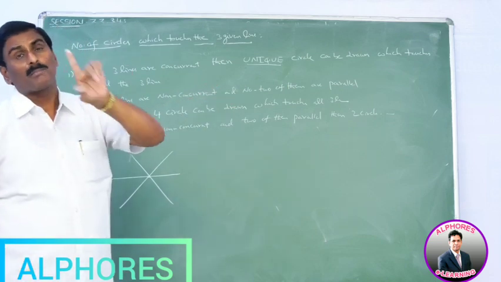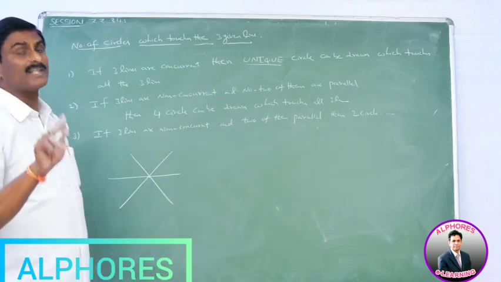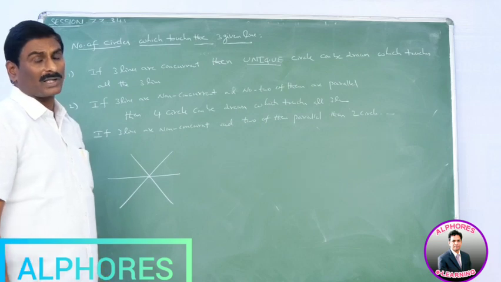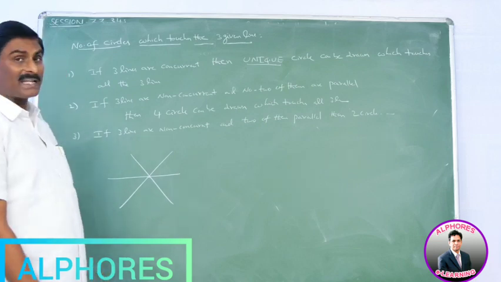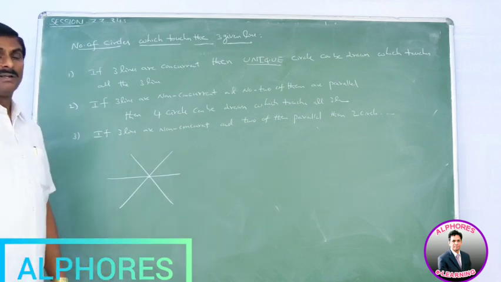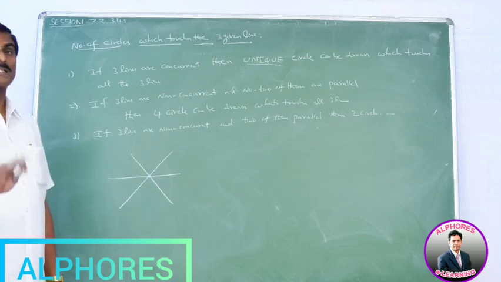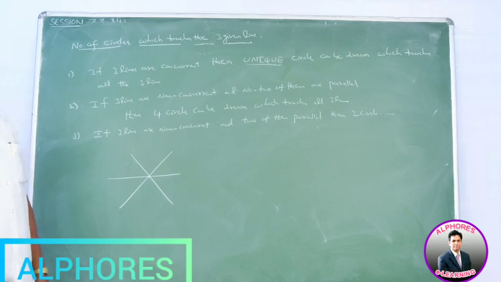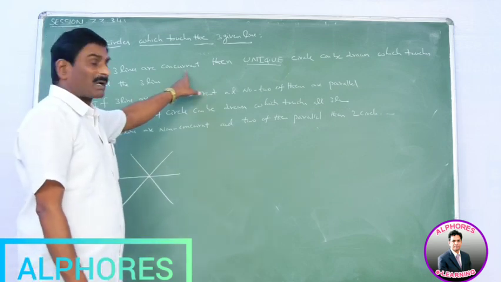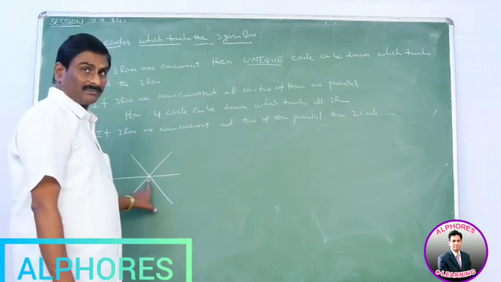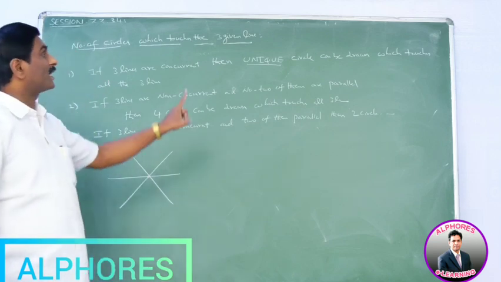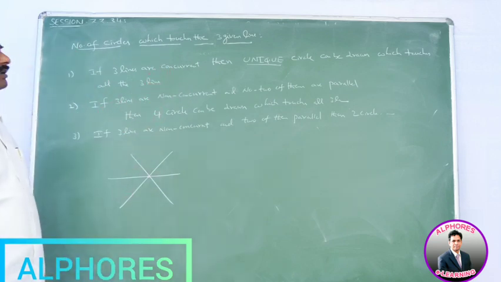This circle must be a point circle. Please note that point. Sorry, this circle is a point circle. Here the number of real circles is equal to 0. Real circle means radius is greater than 0. Number of real circles is 0, but the point circle is 1. Only one point circle is possible. A unique circle can be drawn which touches all the three lines.